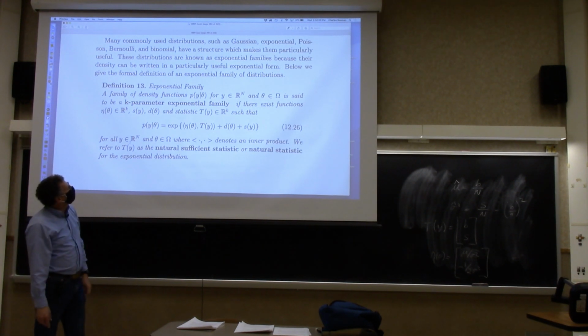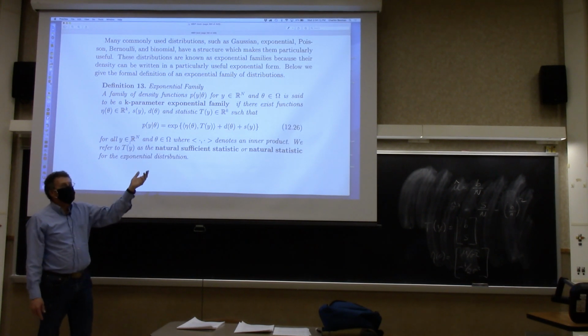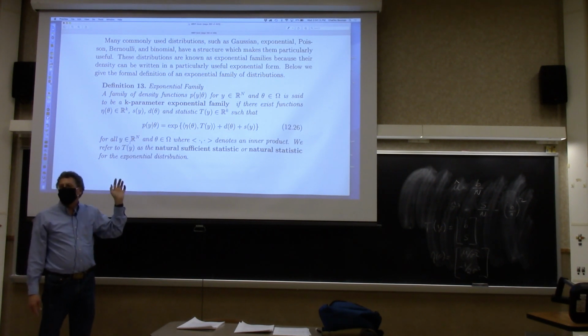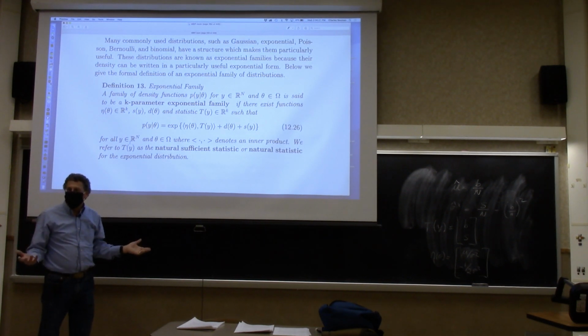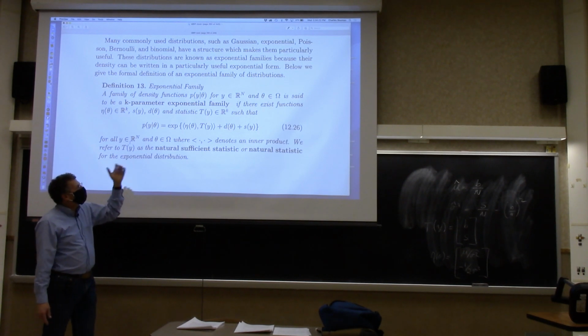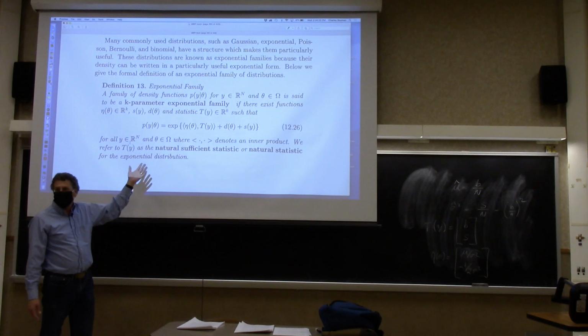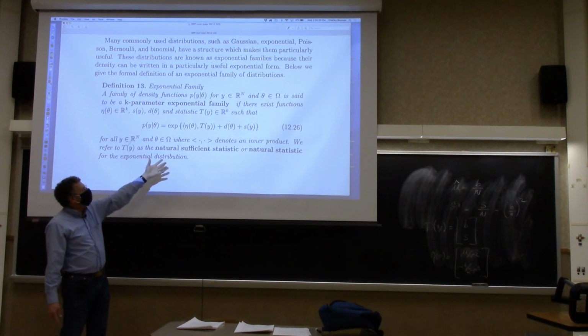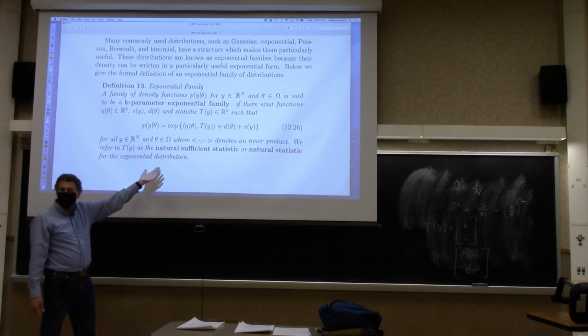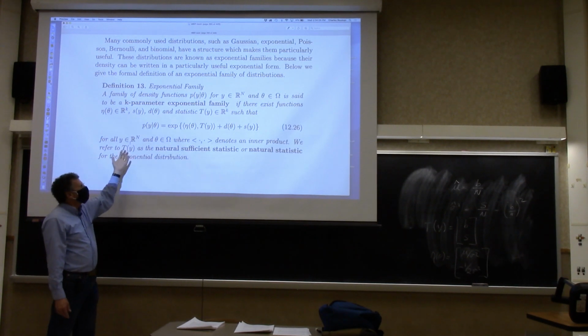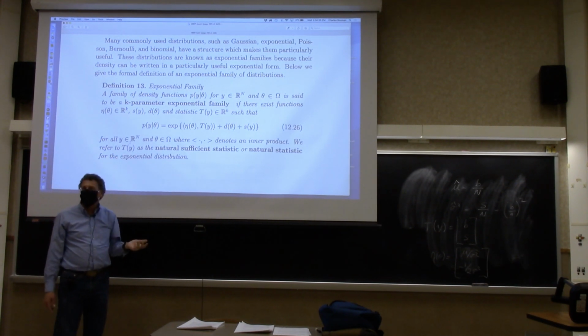Well, maybe it can, in which case it's sort of a degenerate case, okay? The whole concept of an exponential family is that it's a collection of distributions parameterized by a parameter theta. And for that family of distributions, if it can be written this way, then we say that T is the natural sufficient statistic for that family.